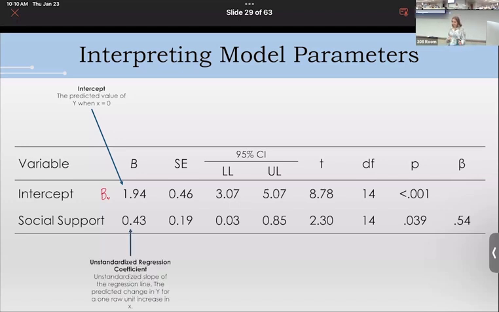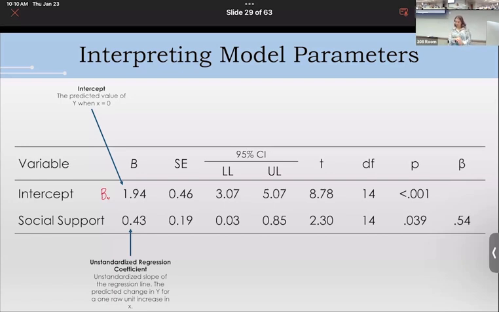All right. Next is our unstandardized regression coefficient. Unstandardized just means in the units, whatever you measured. So in the raw units you measured your variables in. This is the slope of the regression line, so it's rise over run.